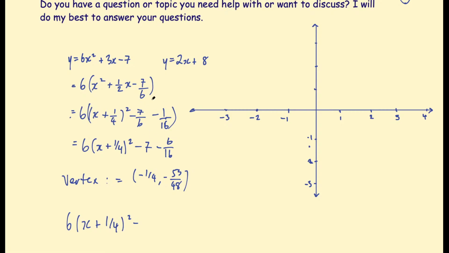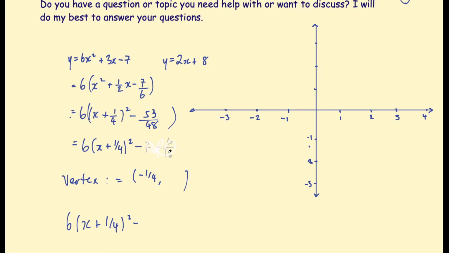Okay, so yes, this is right. And then we multiply by 6 again. Yes, so this was 53 on 48.